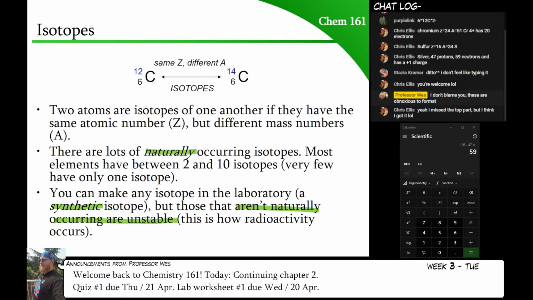I will never detect it. There's so little. And again, more on this in Chem 163, because apparently we'll talk about this in the 163 lecture.